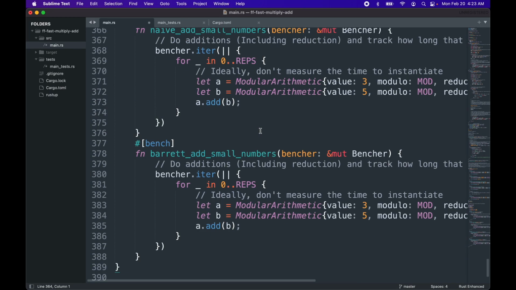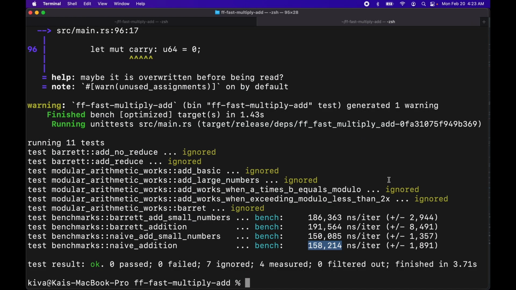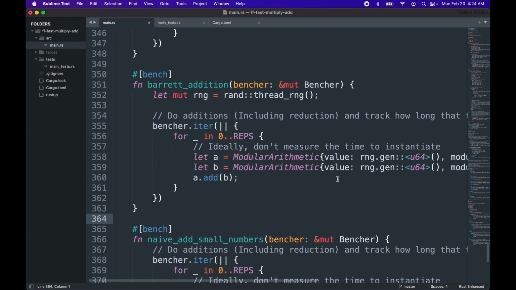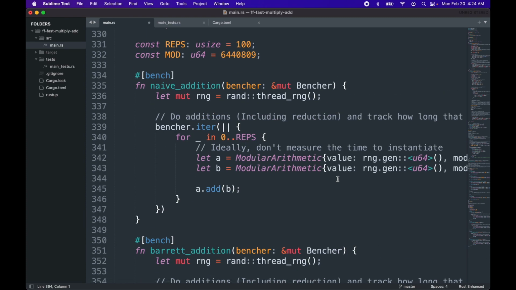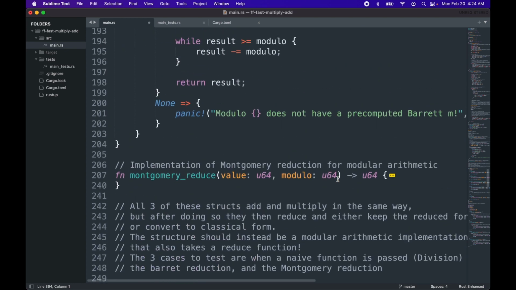Okay, let's think about the sizes of things that we put in. We're putting in something random in the range of U64. So the average is half of the max. How do we feel about that? We think that Barrett is better than naive exclusively because it doesn't do division.